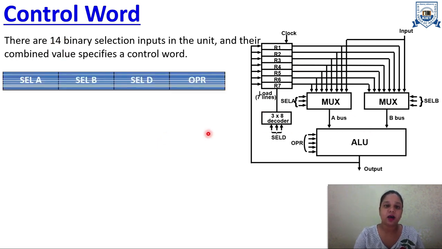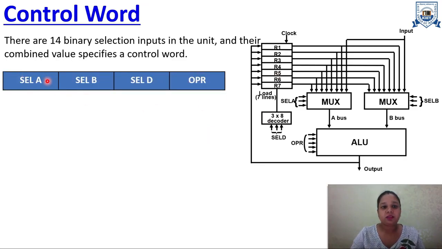So let's see how. We have select A, which is for mux A. We have select B, which is for mux B. We have select D, which is for the decoder. And then we have OPR, the operation in the ALU.